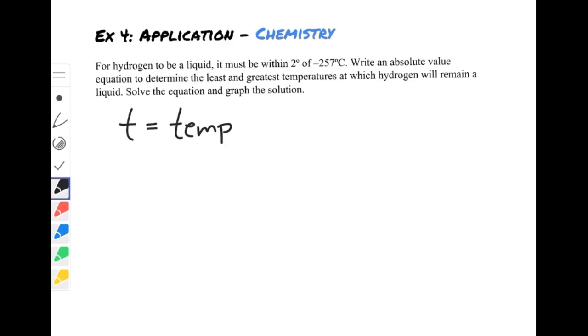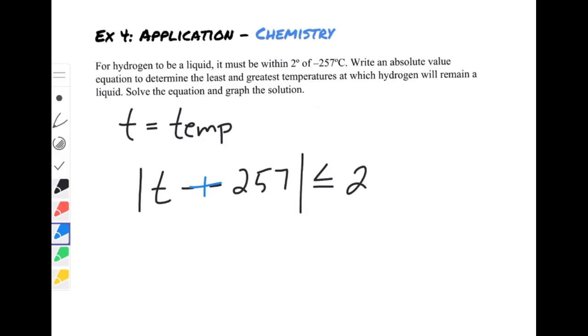So the way that we're going to set this up is we're going to have the absolute value of t minus our negative 257 degrees. I don't have to put that in the problem. It will be less than or equal to 2.